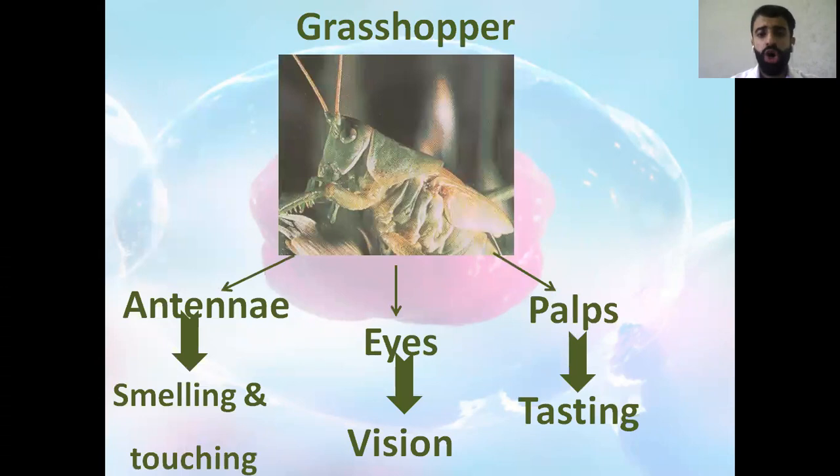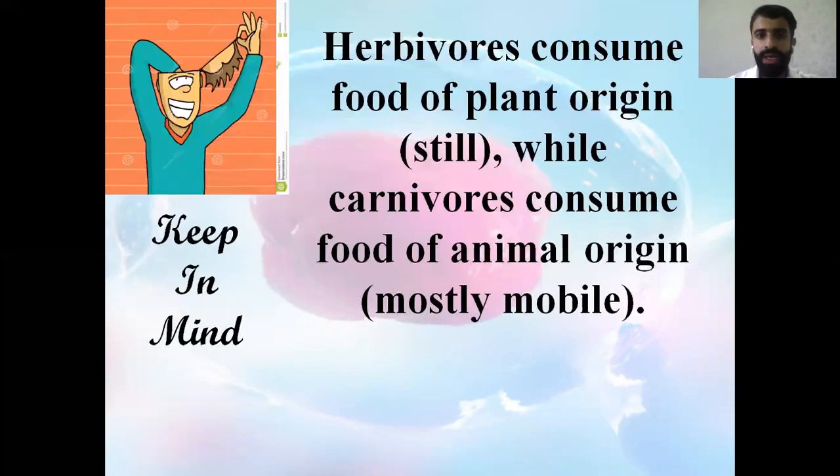Grasshopper has special organs: antenna for smelling and touching, eyes for vision, and the palps are used for tasting. So you have to know that herbivores consume food of plant origin, which is not moving, while carnivores consume food of animal origin, which is mostly mobile.